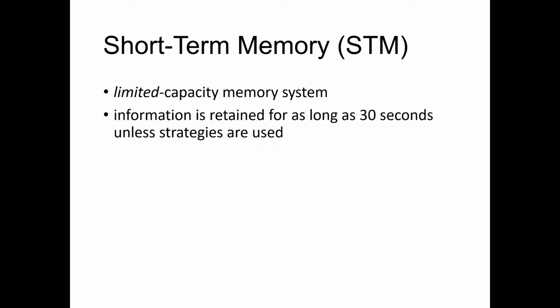So when information is stored in the short-term memory, or again STM, it is retained for as long as 30 seconds unless some strategies are used. Therefore, this is also not a permanent storage of our memory, and rather it is a limited capacity memory system.